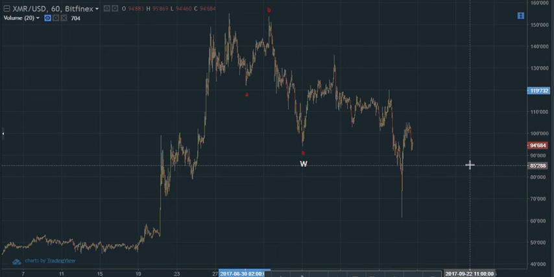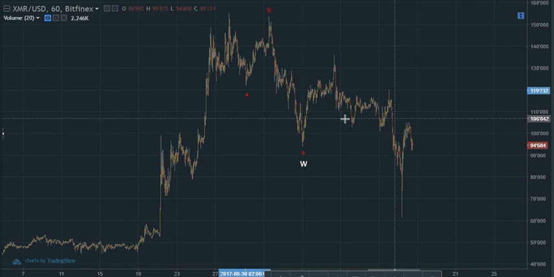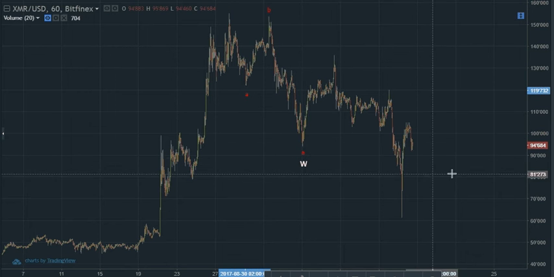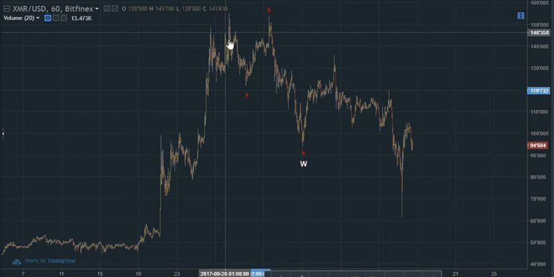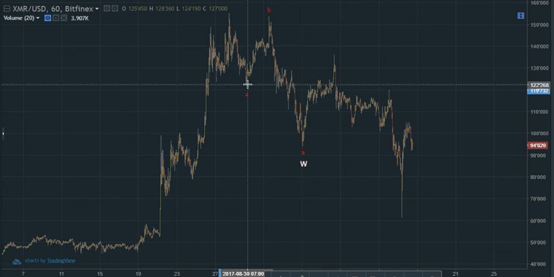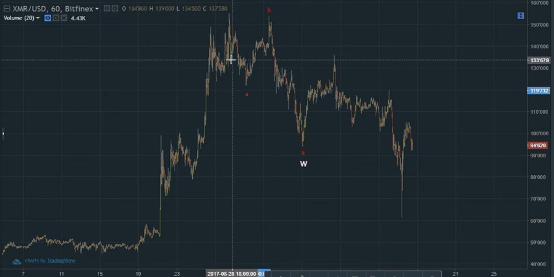Okay, so what is a WXY? WXY in this case is a double zigzag. A zigzag is what? It has an ABC, 3 waves, but the A of a zigzag is 5 subwaves. 1, 2, 3, 4, 5. Okay, and here the 4 overlaps with 1.